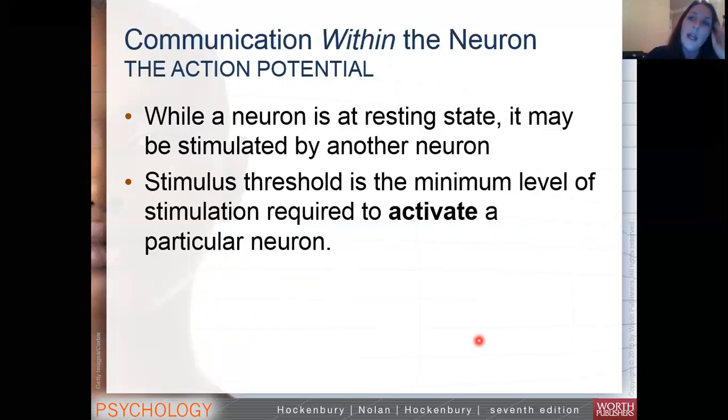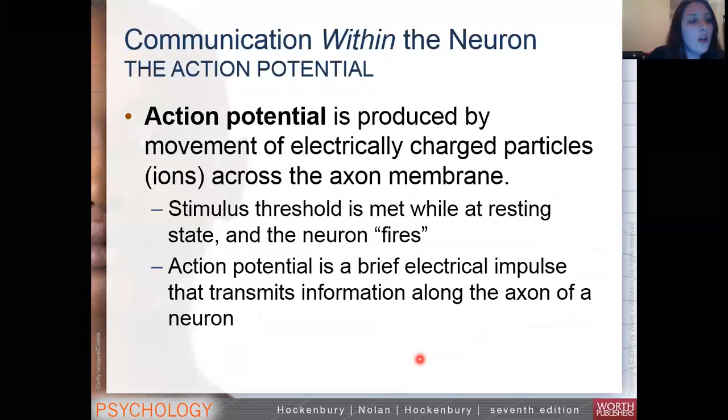It's only once this threshold is met that a cell can activate. We call this process of activation an action potential. When we see that enough stimulation has been produced, it will produce an action potential. We call this firing. The cell fires, okay?